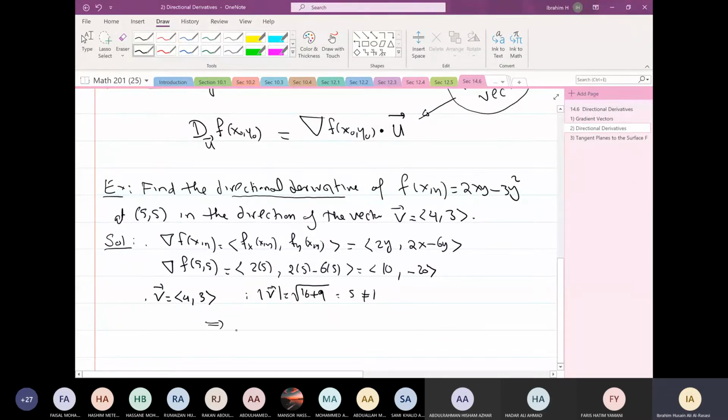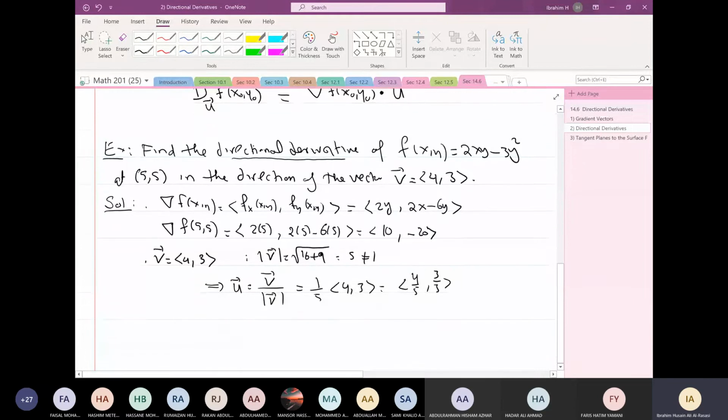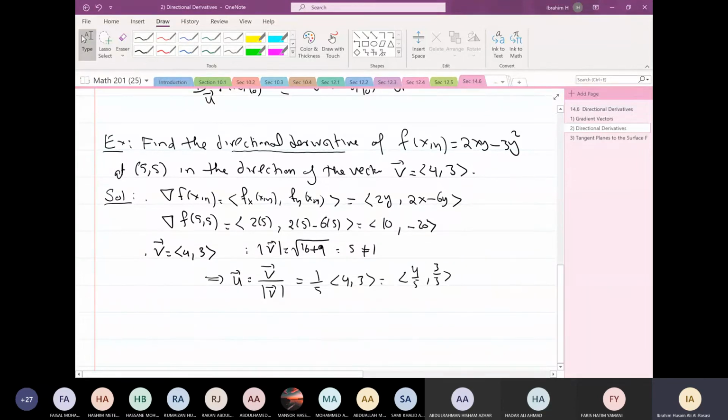How to change it to a unit vector here? You just divide by the magnitude, which is 1 over 5 times (4,3), and this is (4 over 5, 3 over 5). So I change it to a unit vector. You give it a name, u, for example.